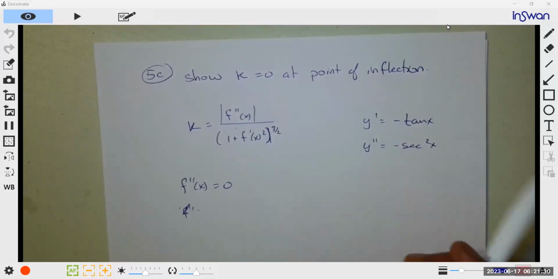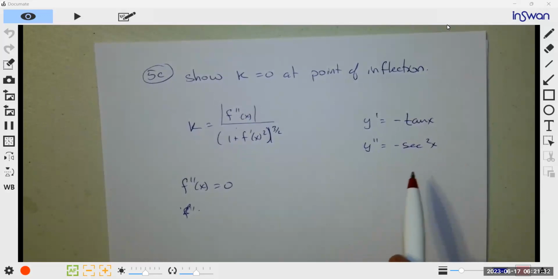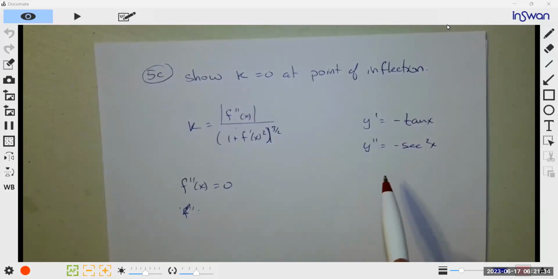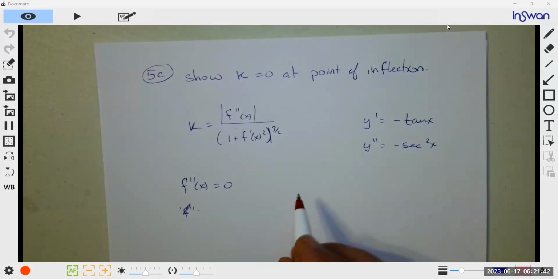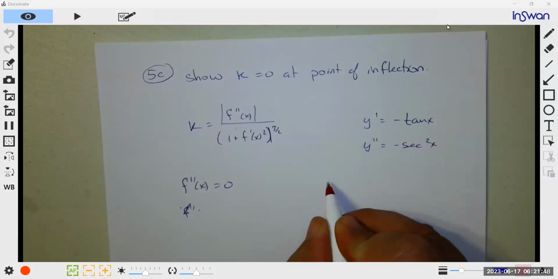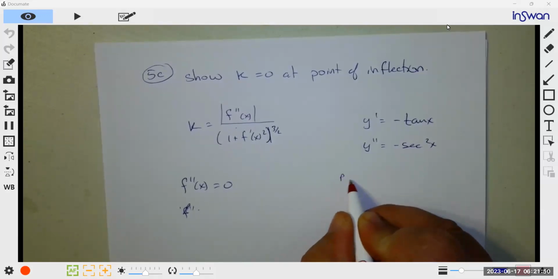In our example here, it can't be 0 because the curvature is this, called P, the point of inflection.